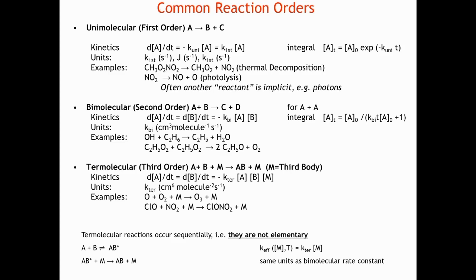And the unimolecular rate constant is K unimolecular times A, and that's a first order rate constant. So the units of a first order rate constant are per second. So it's an amount of molecules being destroyed at a rate of per second.